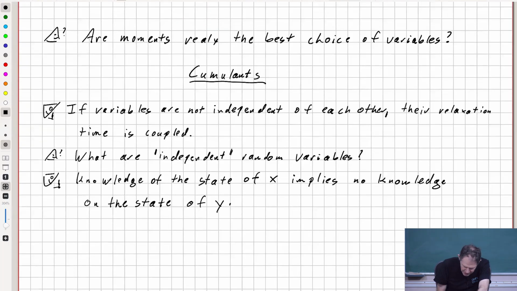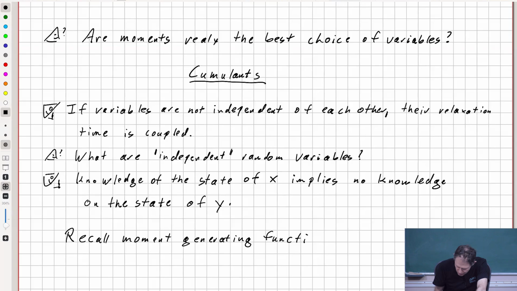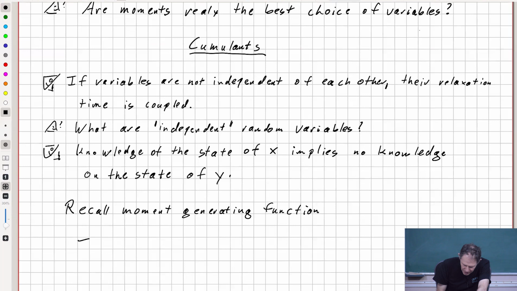So, to see how we get there, let us recall the moment generating function in its original definition. This was the bidirectional Laplace transform.